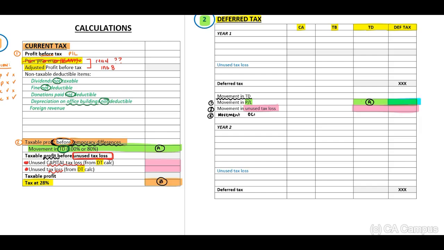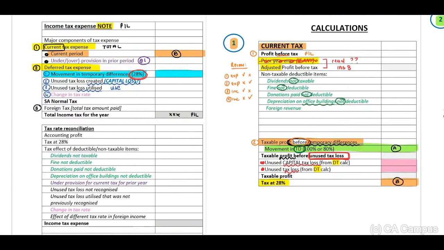I'm going to include this in blue. It's this amount in your deferred tax column. Let's call this reference C. Look at this, movement in your profit and loss. The blue, the C, should be included in your income tax expense note, C.